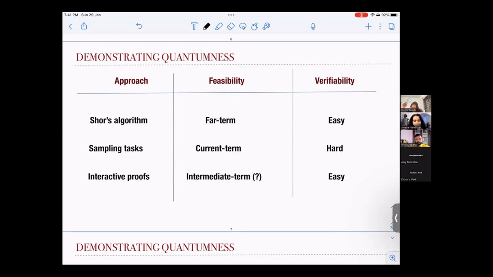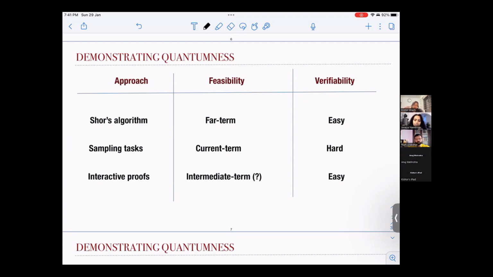But these are quite in the future and cannot be implemented currently.